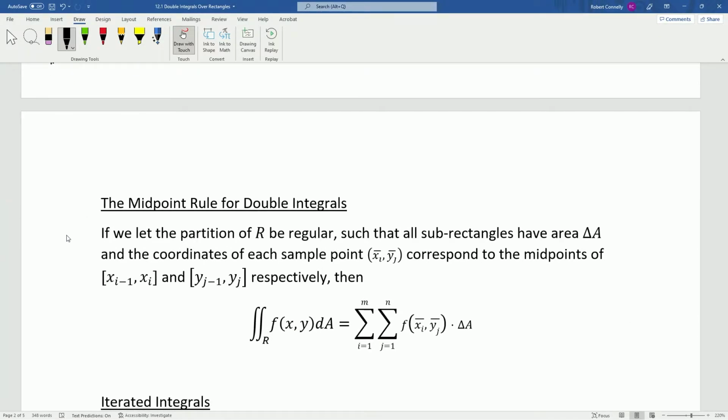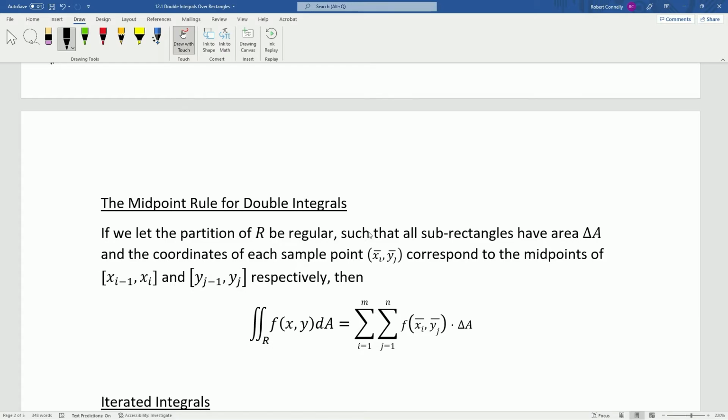I'm just going to mention this in passing, but keep in mind that the midpoint rule for double integrals still exists, just like for regular single integrals. And we can still use this approximation method here. It's the same basic idea.